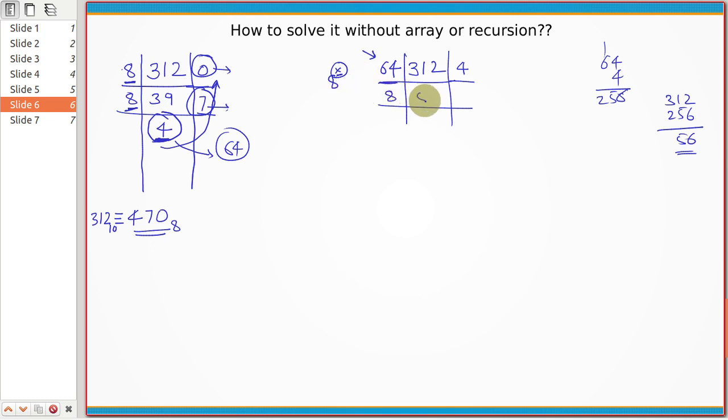So 56 is the remainder. So now we will write the quotient here and we will write the remainder here. And this is our quotient. It was the other way around here, right? Our quotient was here and the remainder was here.